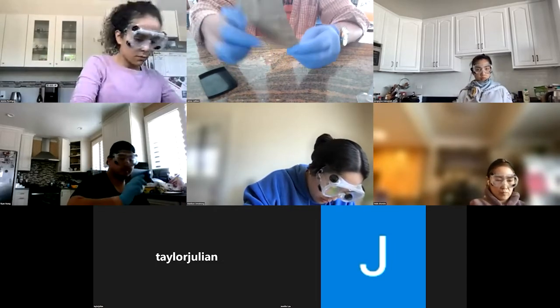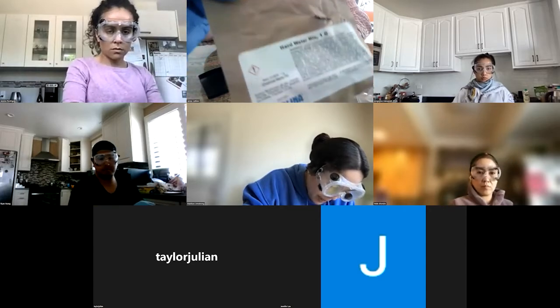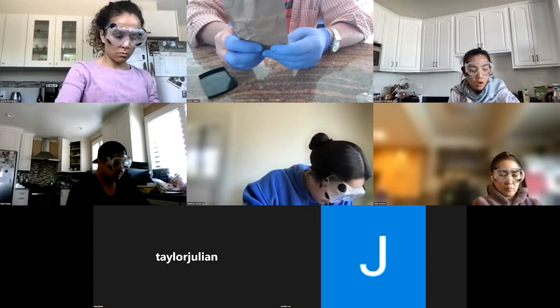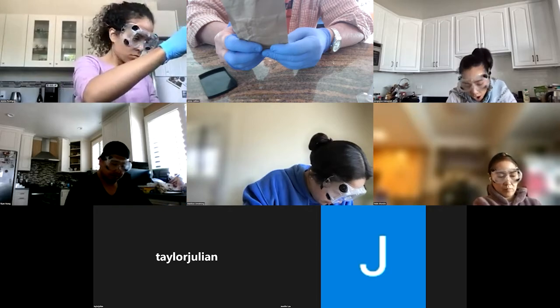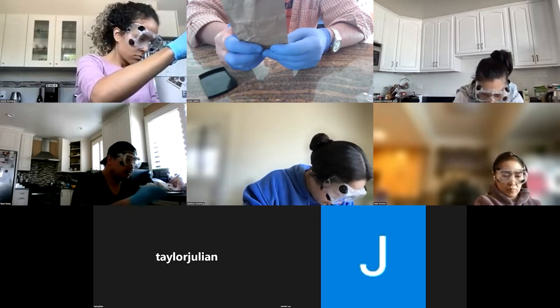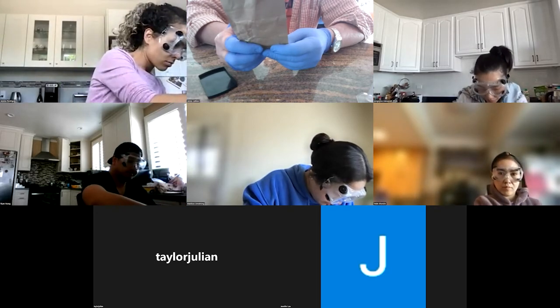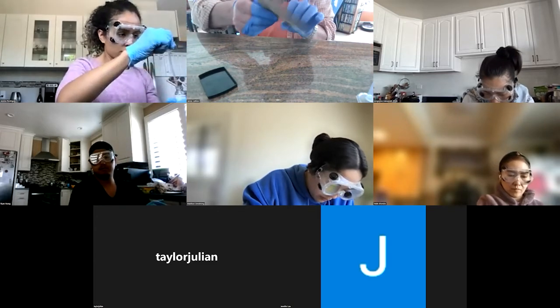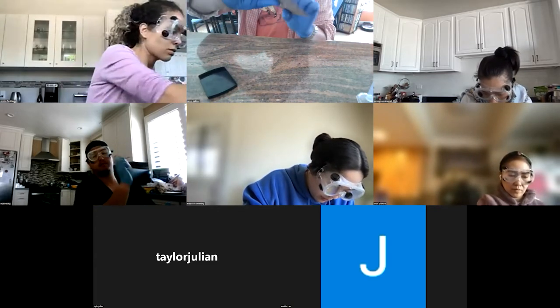It says right on here, if you read the ingredients, it has sodium bicarbonate, calcium chloride, and magnesium sulfate. So calcium and magnesium are the divalent cations in here. There's no iron.